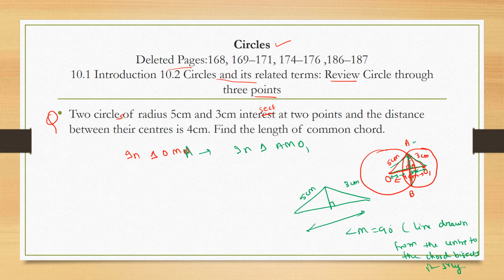If this whole is 4, can I consider this as x? So this will become 4 minus x. Correct? Now apply in both of these triangles, AMO and AMO1, Pythagoras theorem.